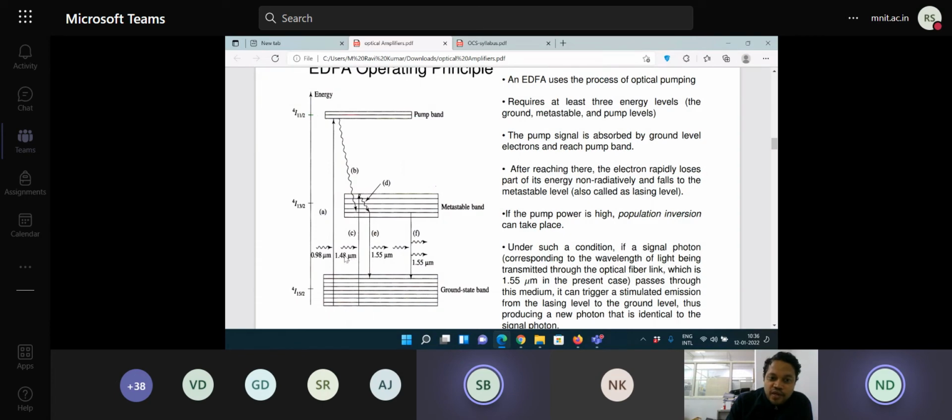Using 1480 nanometers as a pump in optical amplifiers is a more energy efficient mechanism than using the 980 nanometer pump. Fine. So this is what is explained here.